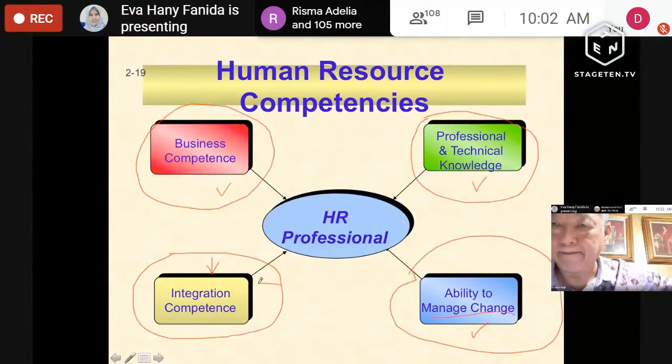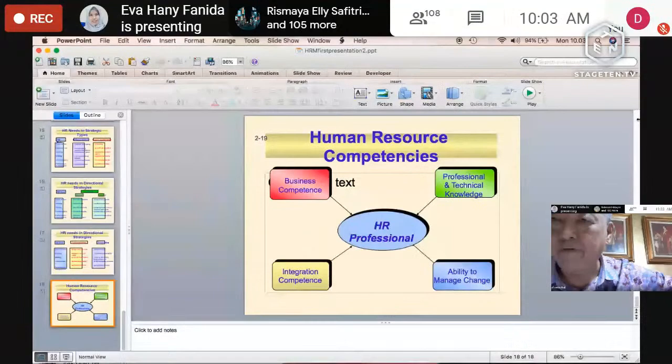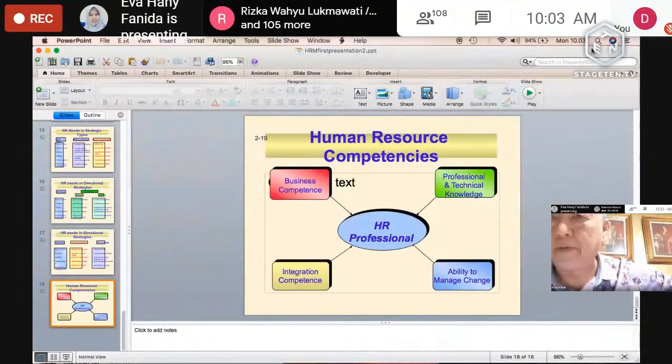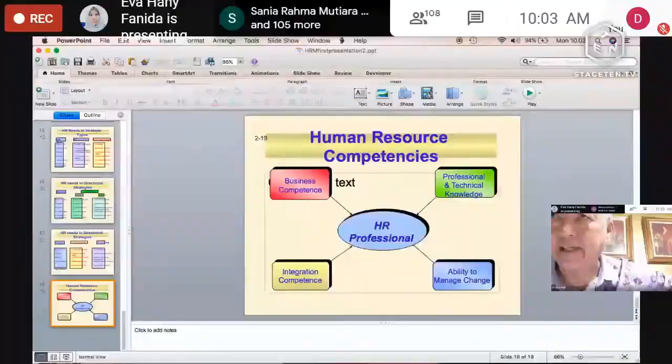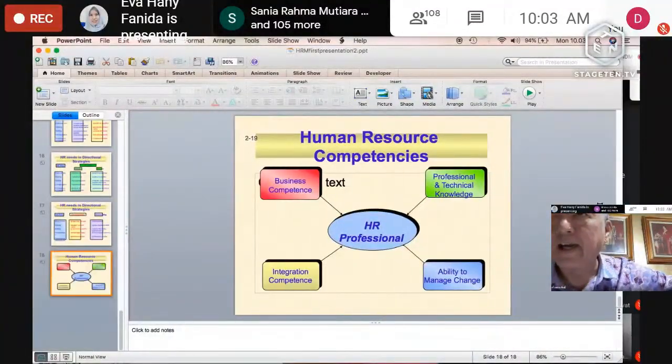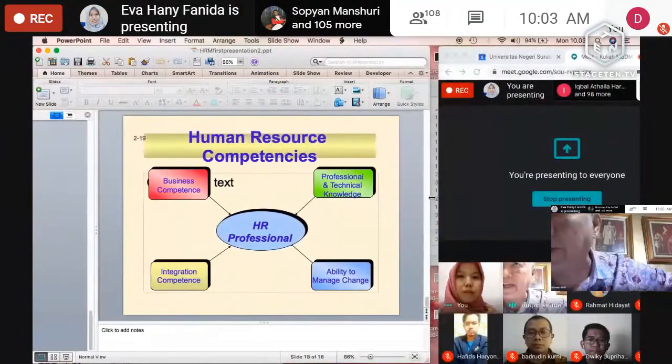Okay, this is the last page of my presentation today. I think I need more time to elaborate in detail, but this shows that HR function and practice can be applied to different strategies. Different strategies depend on different situations.